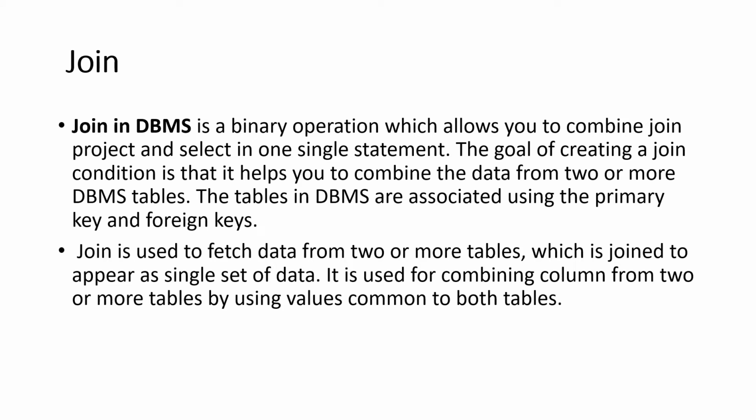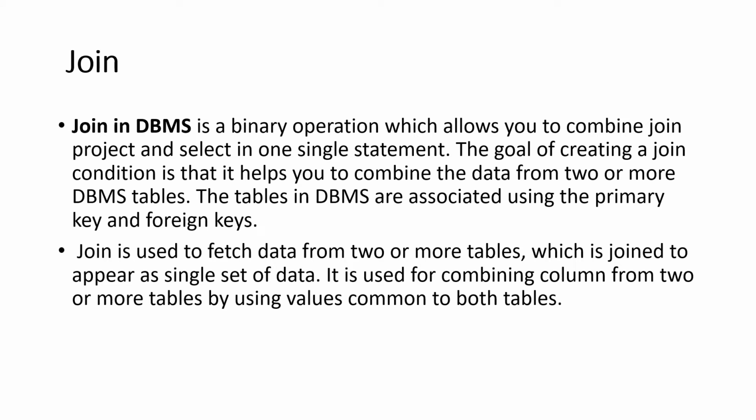The goal of creating a join condition is that it helps you to combine the data from two or more DBMS tables. So if we want data from two tables, we will join two tables. Otherwise, we can join more than two tables also.